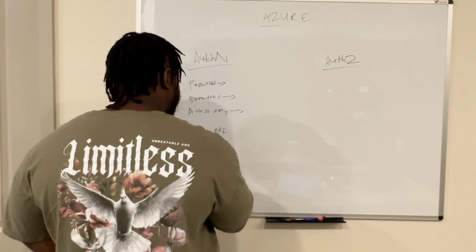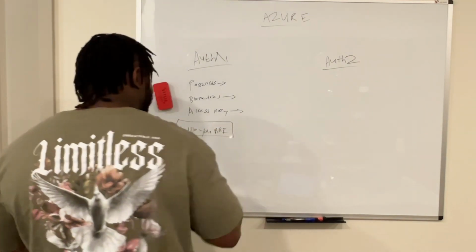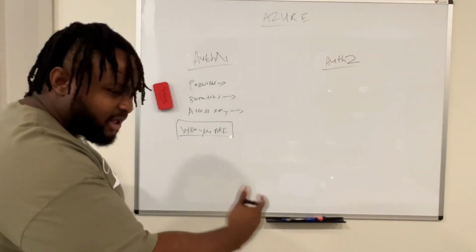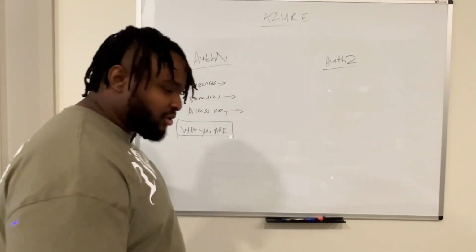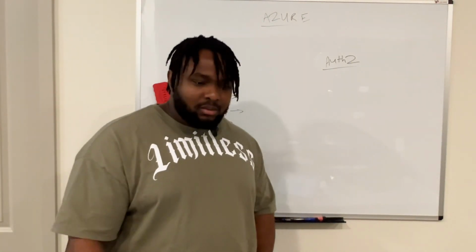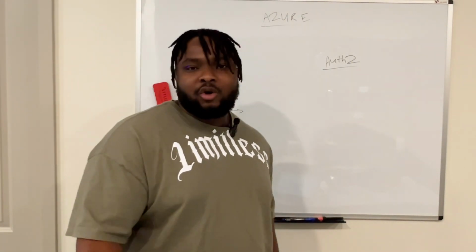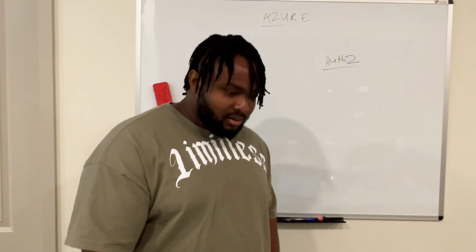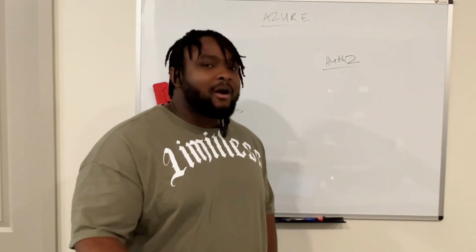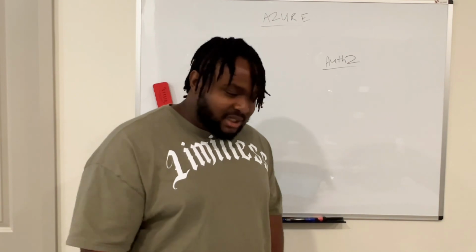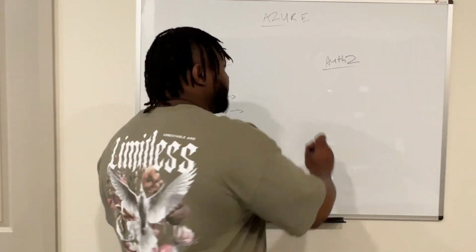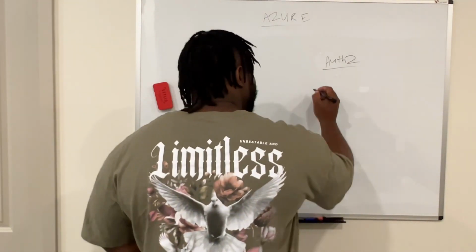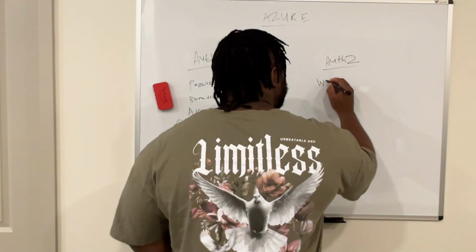So now you've authenticated into the environment. You have access to the Azure cloud. But you can't just go in there and do whatever you want, right? You have to be given permission to carry out certain actions. That is where authorization comes in. Authorization is basically what you can do.